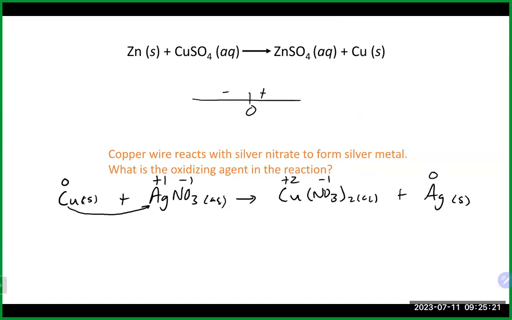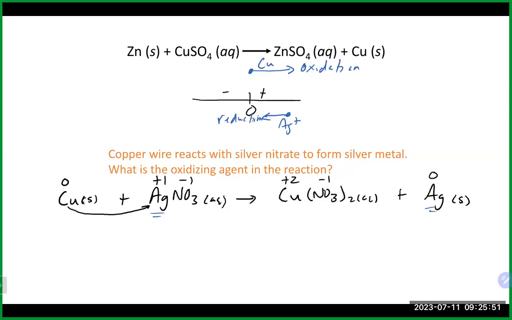So if we look at the copper in this case, copper is starting on the left-hand side at 0. On the right-hand side it ends as +2, which means it is becoming more positive and going through oxidation. In this case, the silver is starting at +1 and on the right-hand side ending at 0, which means it is becoming more negative, which means it is going through reduction in this case.